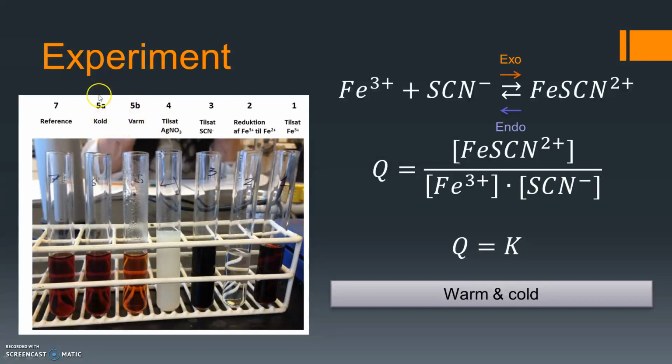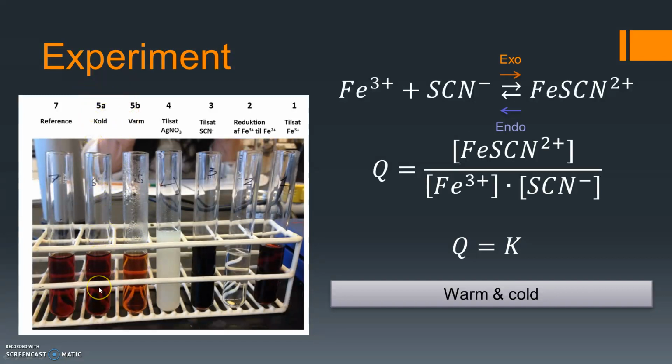In test tube 5A, we cooled the equilibrium solution down, and we saw an increase in red color. And in 5B, we warmed it up and we saw a decrease in red color. And I'd like to explain this through Le Chatelier's principle. So we start with 5A.